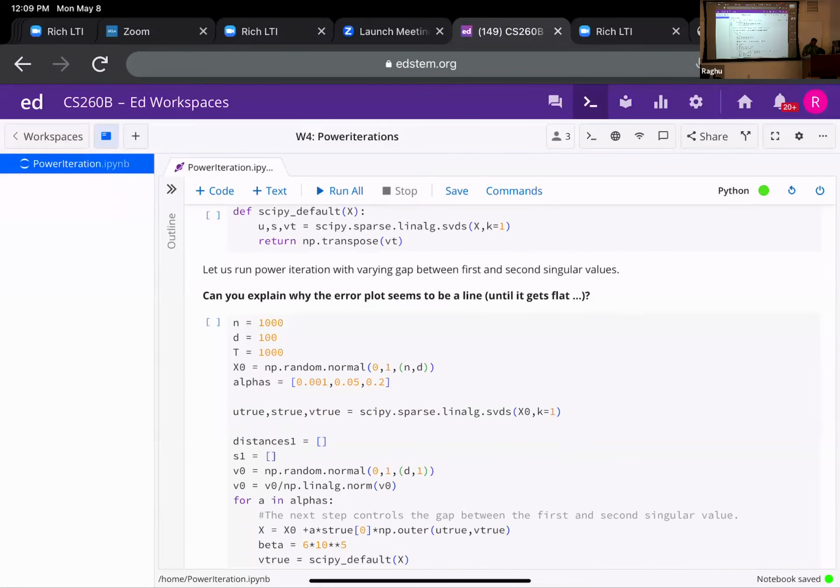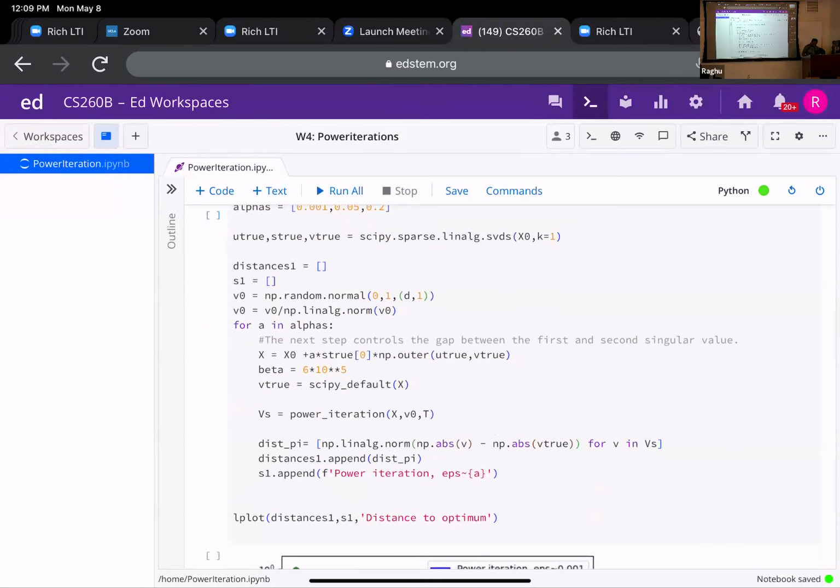So to do that, what this code does is it generates a vector and then adds something which creates a gap between the first and second singular value. It's a way to plant some gap that you can control, and that's controlled by this parameter A. Any questions about this?